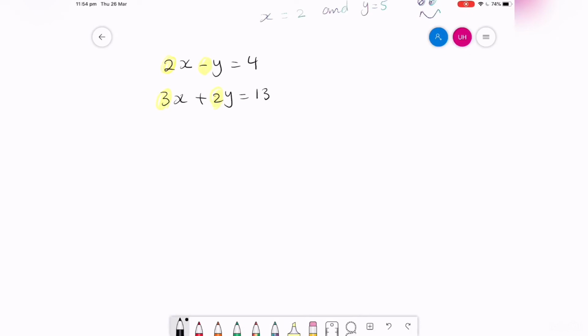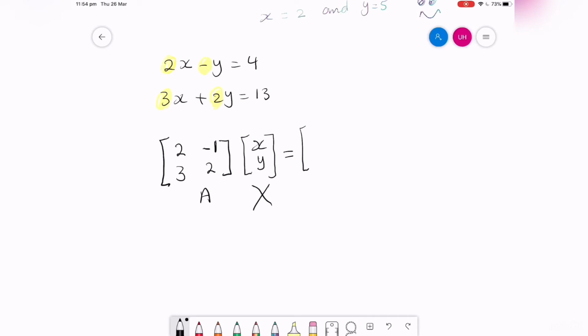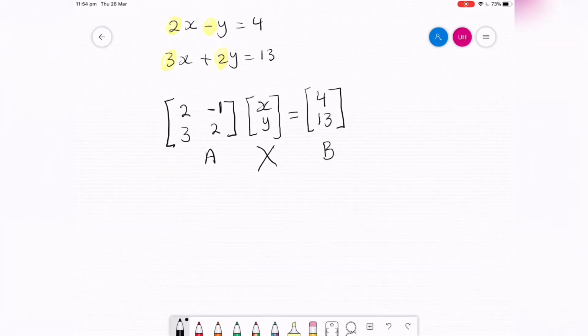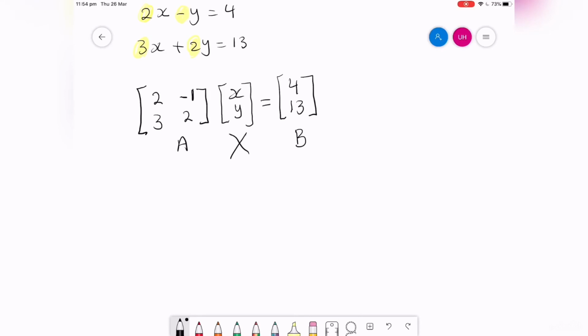So the matrix A is going to be 2, 3, -1, 2, multiplied by the matrix X, which is x and y, and this is equal to the matrix B, the matrix of the constants, 4 and 13.